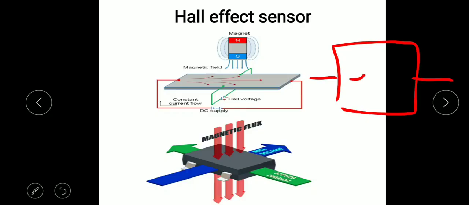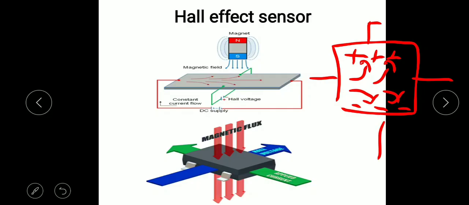When the magnetic field is applied, the electrons will be distorted to both sides, and here there will be positive and here negative terms, and you can measure an electric voltage or EMF at these two sides. That is, in the initial stage the flow will be like this, but here the current will be like this. This is known as the Hall effect.